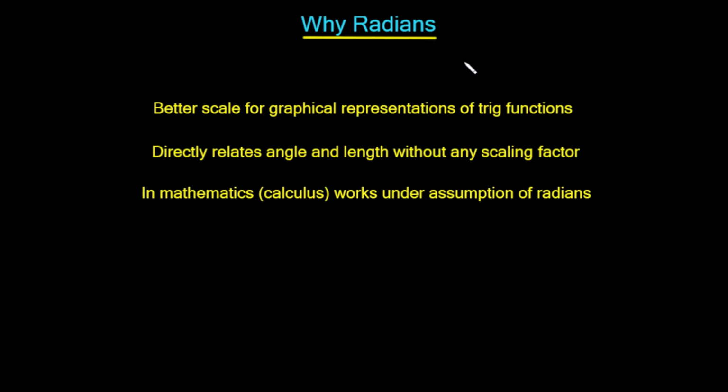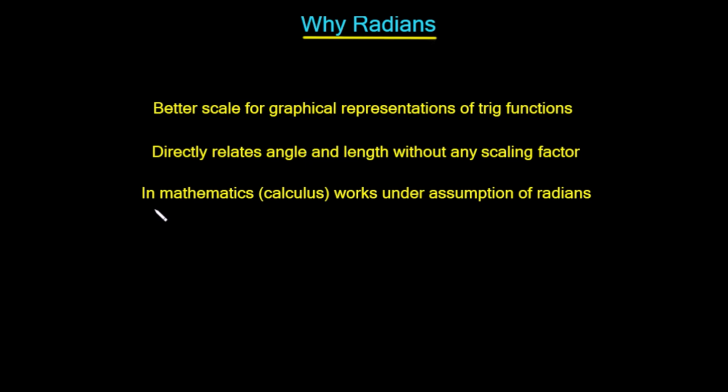Well, we've got 3 reasons here in this video. One is it gives us a better scale in order to represent the basic trigonometric functions graphically. Secondly, it directly relates angle and length without any problem with scaling factors, for example 180 upon pi or pi upon 180.